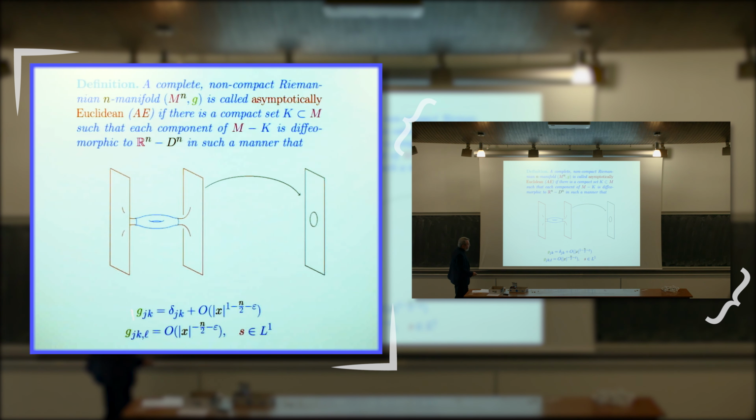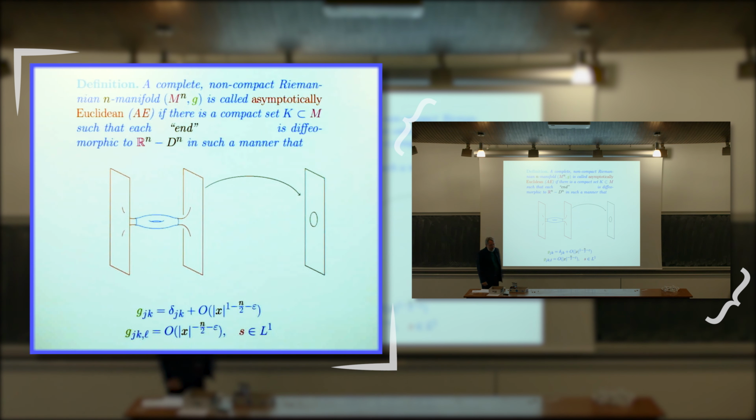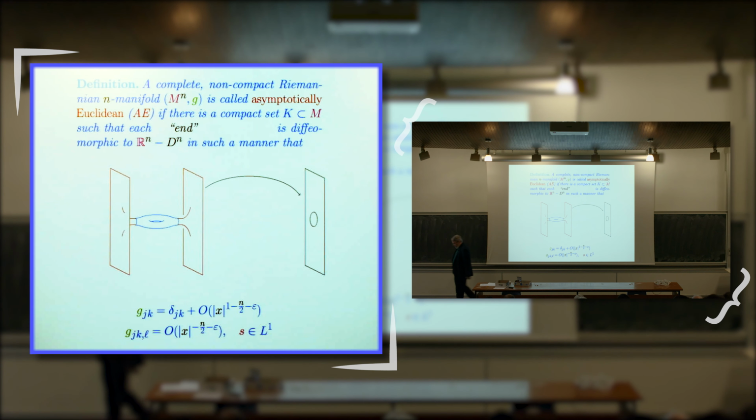So it looks, in this precise sense, like the Euclidean metric plus terms that fall off quickly at infinity. All right, and then one refers to these different connected components as the ends of the manifold. There's a more general notion of the end of a non-compact manifold, but this will do for the purposes of this lecture.